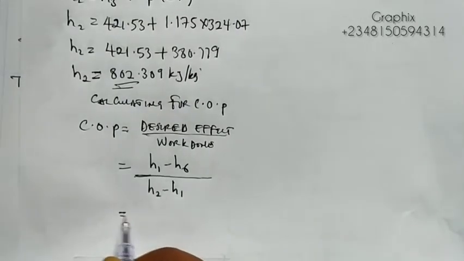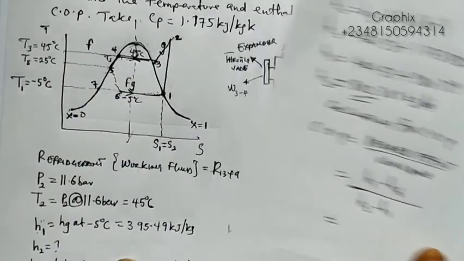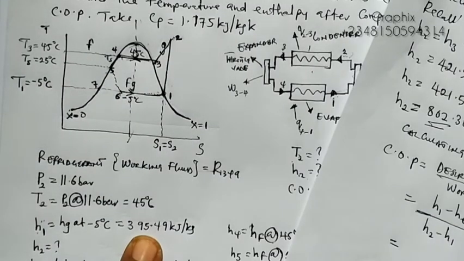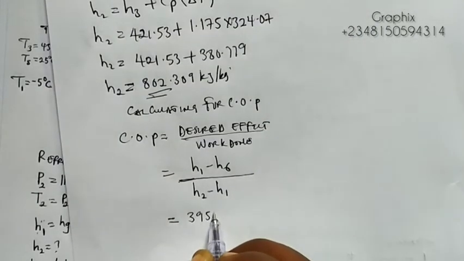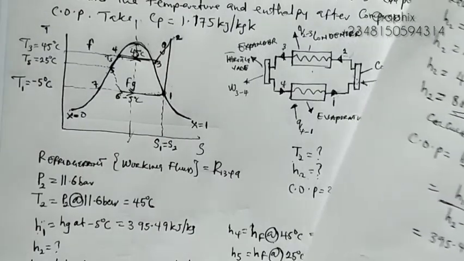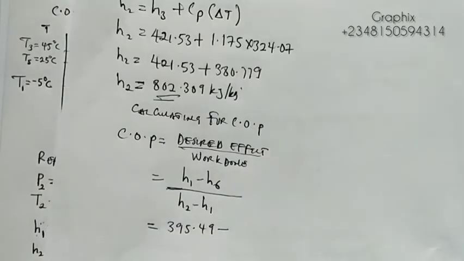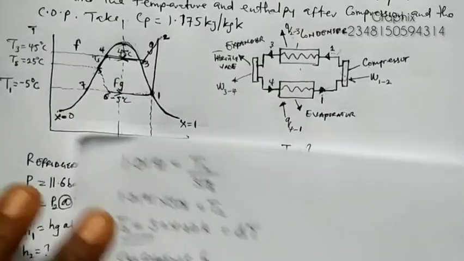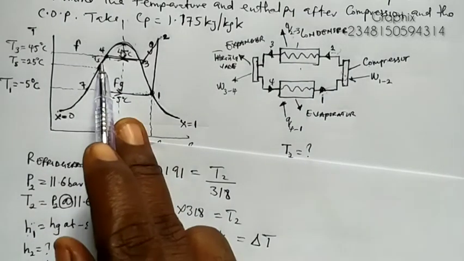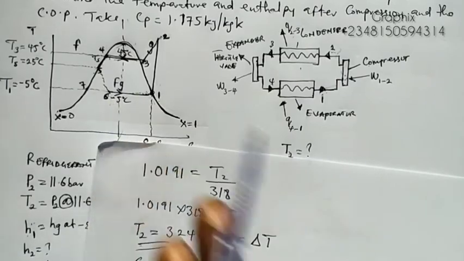So at this point, what's our H1? Our H1 is 395.49. We have 395.49 minus H6. H6 is equal to H5. So what's our H5?